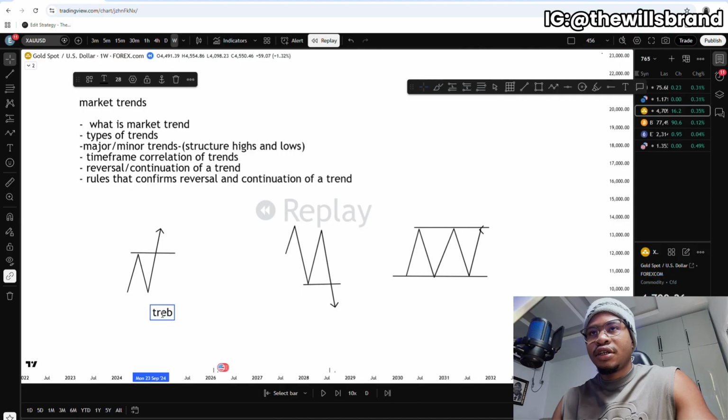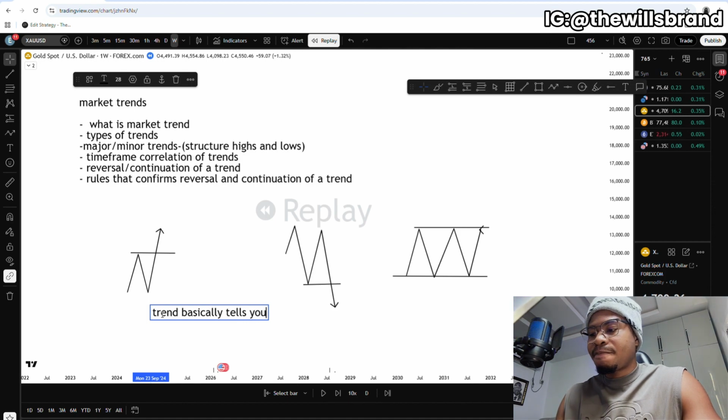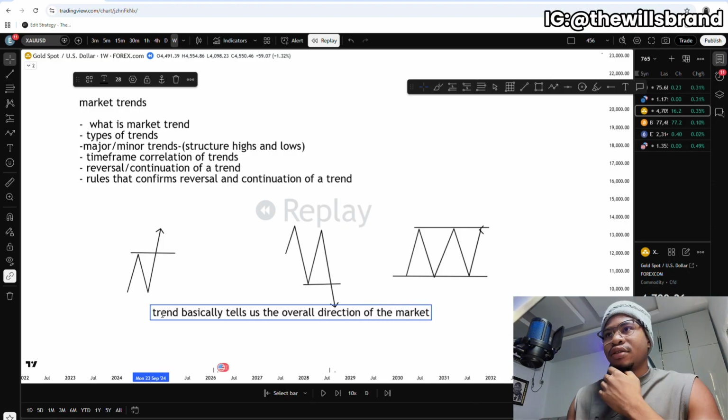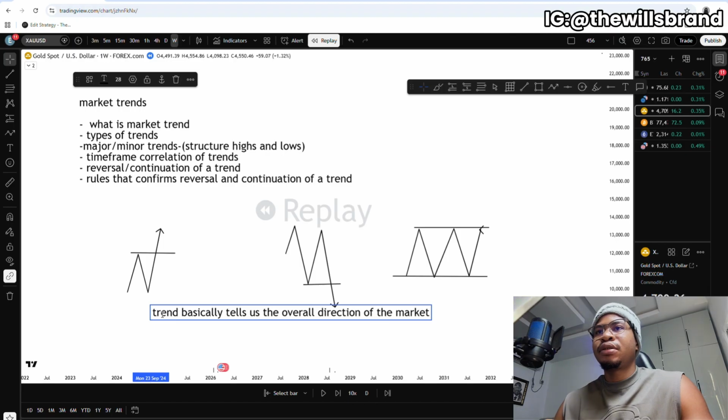Trend basically shows you, or tells us, the overall direction of the market.